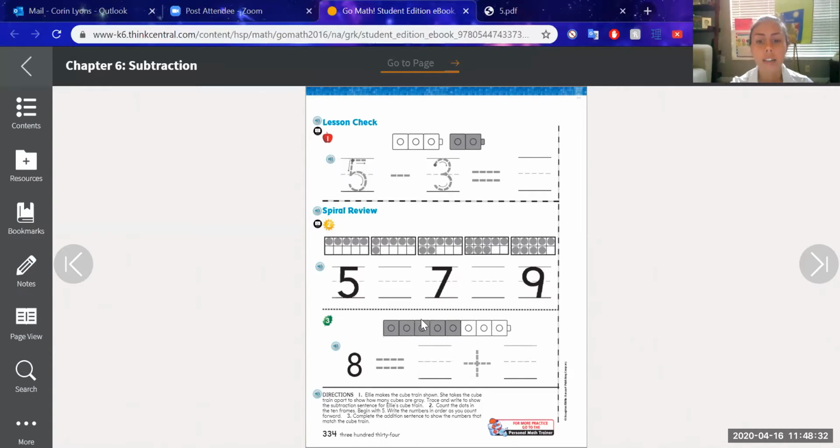Some are dark and some are light or white. So, to do this problem, you need to count the dark ones and put that number here, and count the light ones and put that number here, because the dark ones plus the white ones make 8.